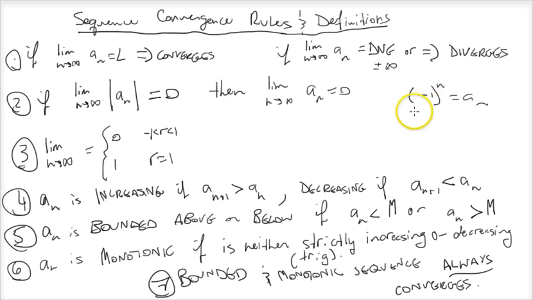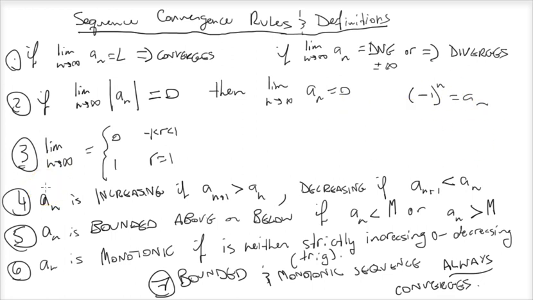So it's sometimes a little tricky to take the limit of it, but what you can do is take the limit of this sequence as n approaches infinity of the absolute value, so basically just get rid of that negative, and if that is equal to 0, then the alternating sequence also converges at 0. So that's a handy one, and it's one you should bear in mind if ever you have an alternating sequence like this.